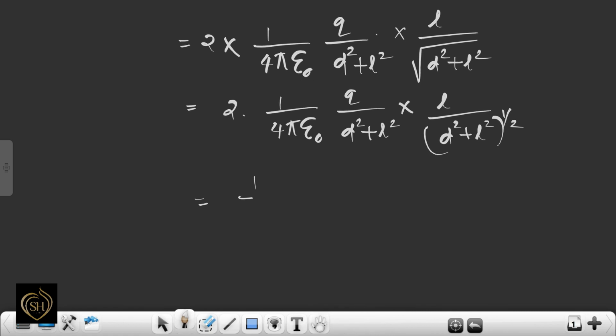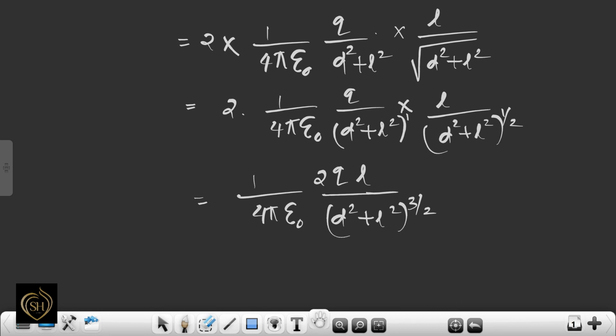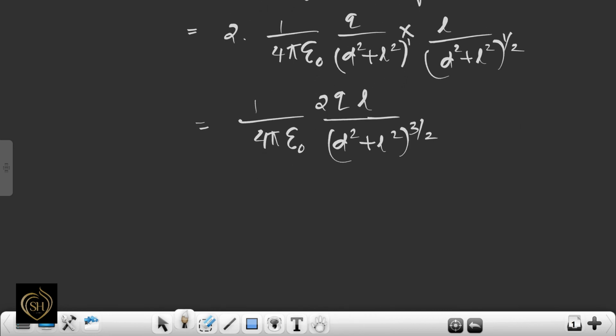That is equal to 1 by 4 pi epsilon 0 q, the 2 can be written here, by d square plus L square the whole raised to 1 into d square plus L square the whole raised to 1 by 2. This we will get as d square plus L square the whole raised to 3 by 2 into L. That is equal to 1 by 4 pi epsilon 0, see, 2q into L, that means q into 2L.